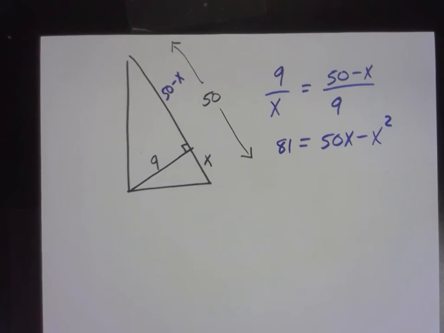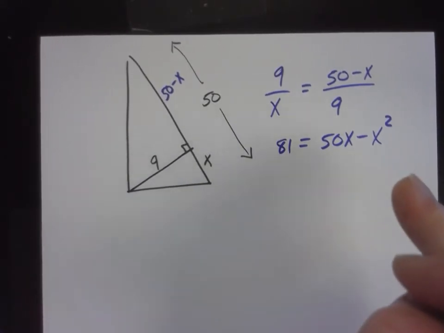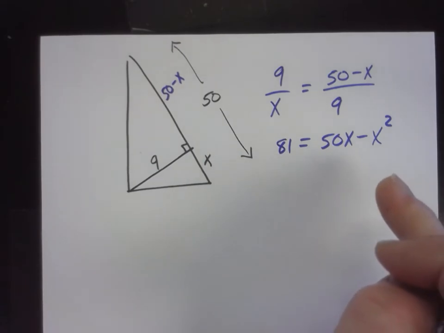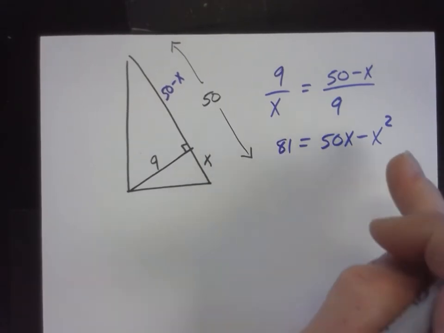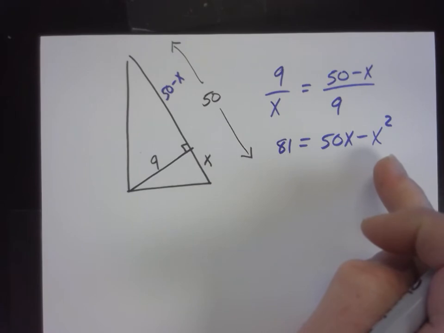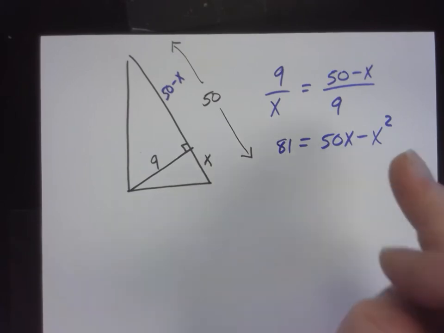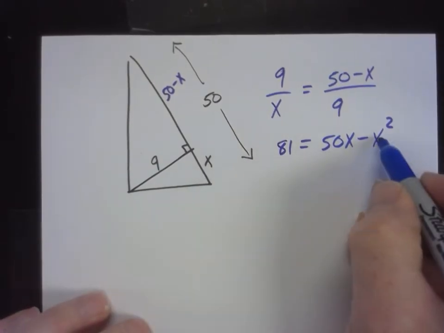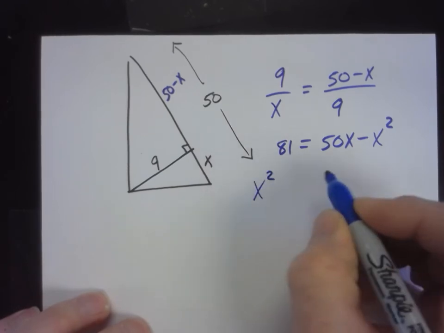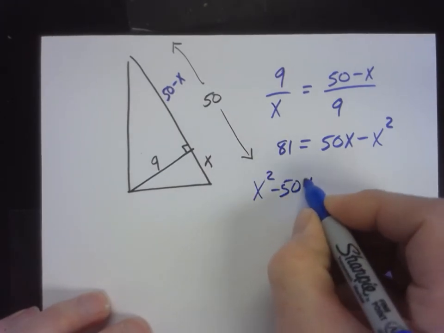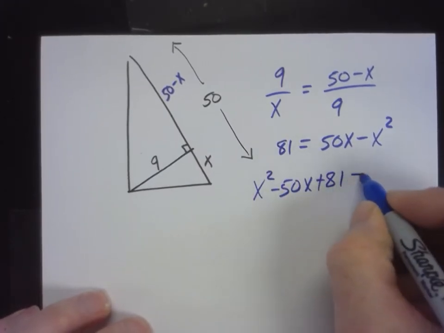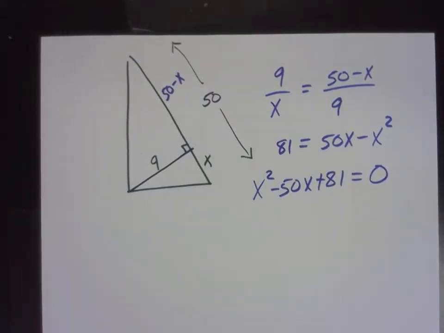Okay, so here's the problem. This is a quadratic equation. Solving this equation is going to be a bit of a thing. In fact, I would probably add x squared to both sides. I'd subtract 50x from both sides. So I got it to look like that.